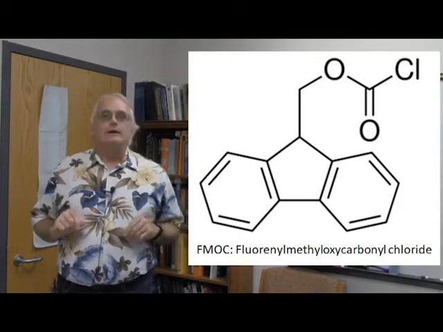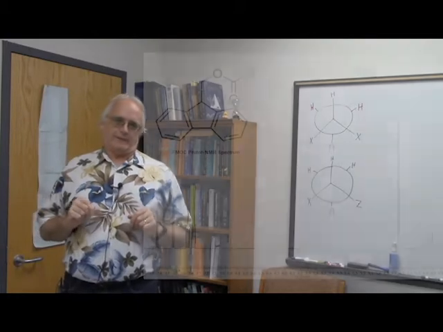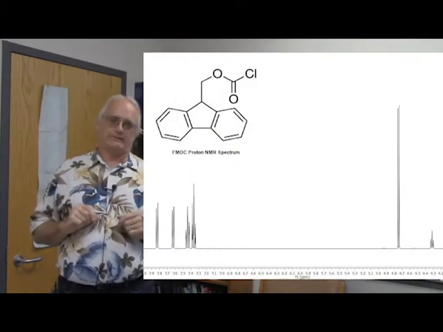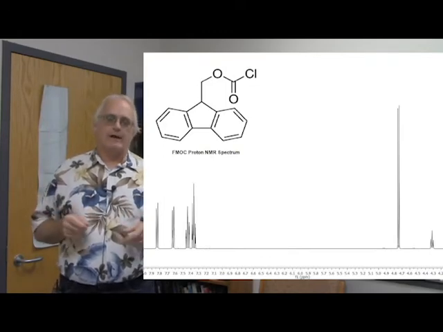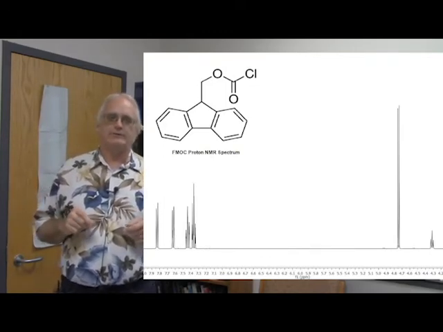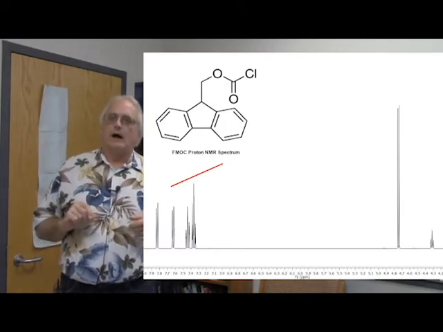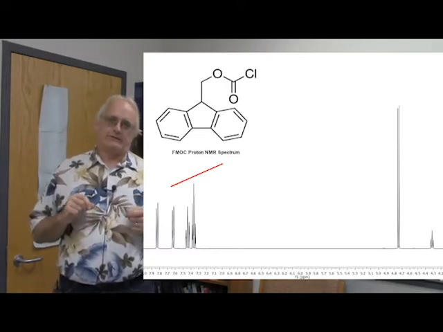But I'm straying. So I want you to look at the proton NMR spectrum of FMOC, and it is quite a lovely, lovely textbook example of a spectrum. Here the aromatic section looks beautiful, and I want you to notice it has 4 distinct resonances in there. This molecule is symmetric.